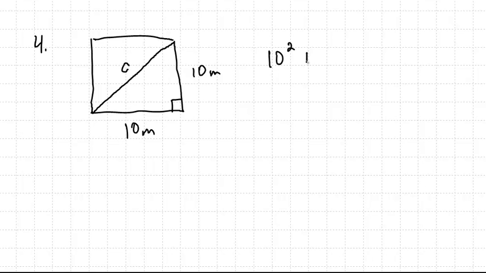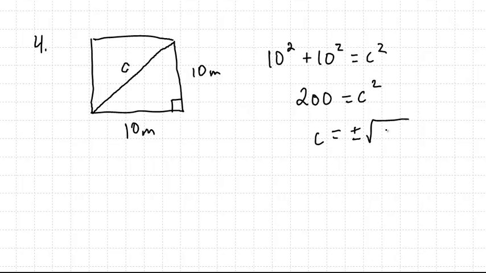So I can write 10 squared plus 10 squared should give me c squared. This is 100 plus 100, so 200 is equal to c squared. C is positive or negative the square root of 200. Ignore the negative answer. So C is, well, 100 goes into 200, so C is 10 root 2 meters. Let's add in these units.